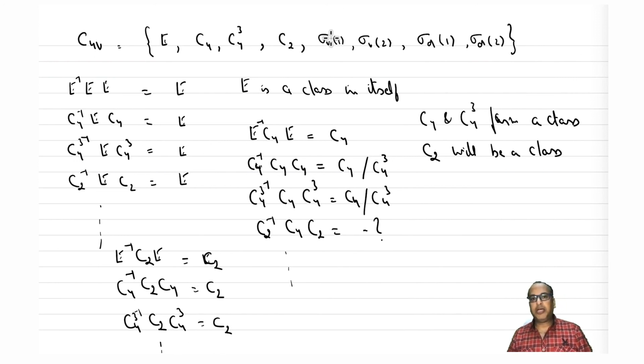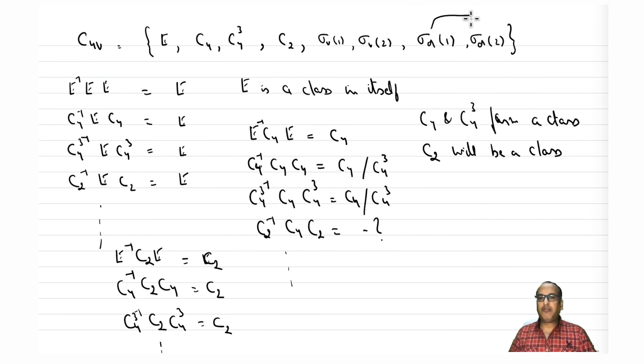Similarly, if you do similarity transformations of sigma v1, you will get either sigma v1 or sigma v2. So that means these sigma v1 and sigma v2 will form a class. Similarly here, if you do a similarity transformation of sigma d1, you will get either sigma d1 or sigma d2, and if you do it on sigma d2, you will get either sigma d1 or sigma d2.